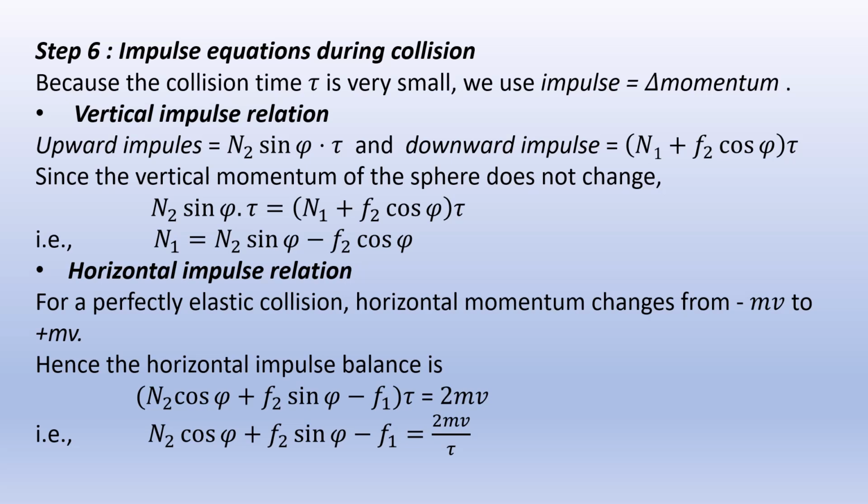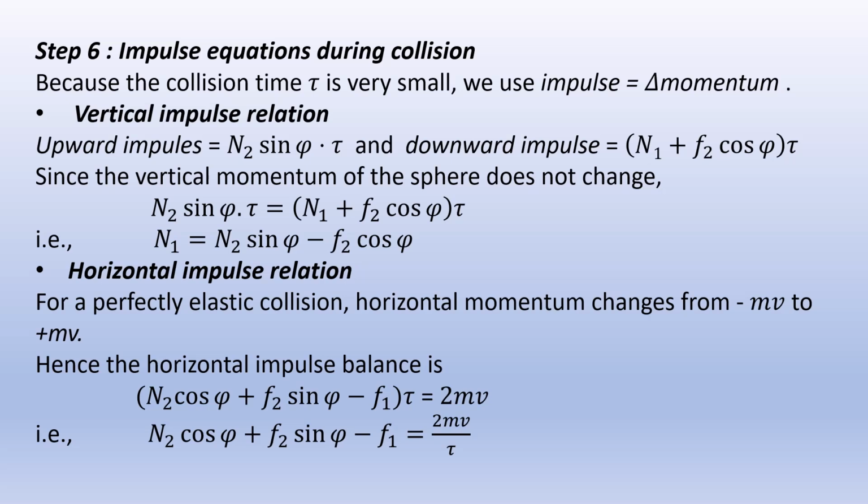That is, impulse is equal to the change in momentum. Now let us first write the vertical impulse relation. If we carefully observe the forces, the upward impulsive contribution comes from the vertical component of N2. So the upward impulse becomes N2 sin phi times tau.